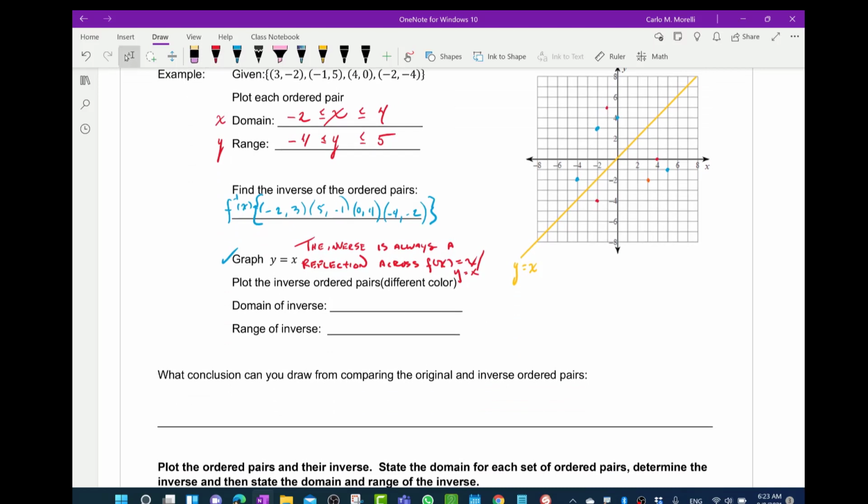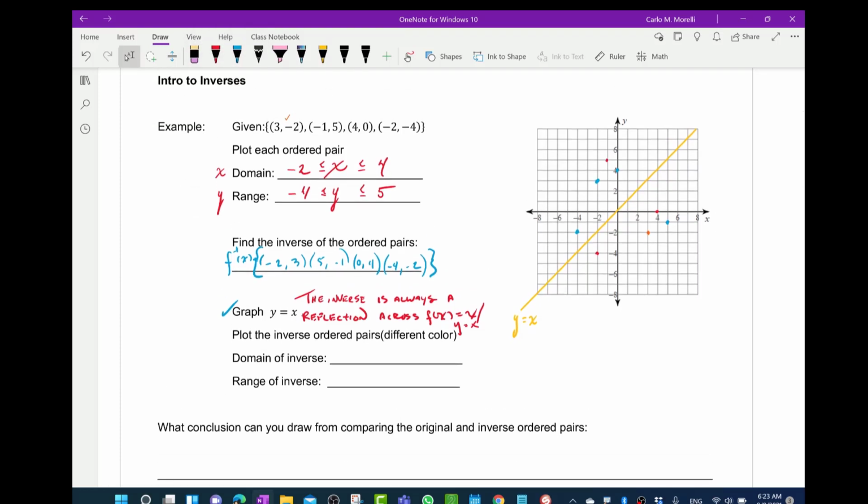Now the domain of the inverse is going to be the range of the original, and the range of the inverse will be the domain of the original. That should be obvious from how we just switched them. So the lowest value of the domain of the inverse in blue is going to be -4, less than or equal to x, less than or equal to 5.